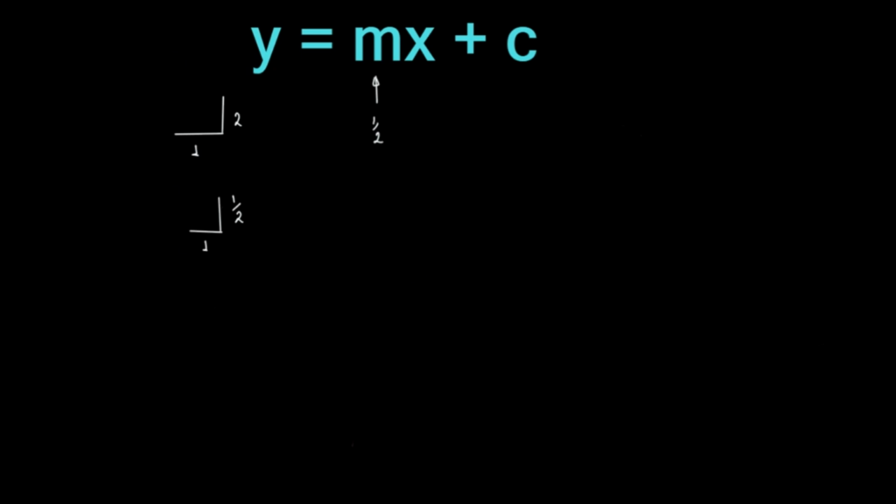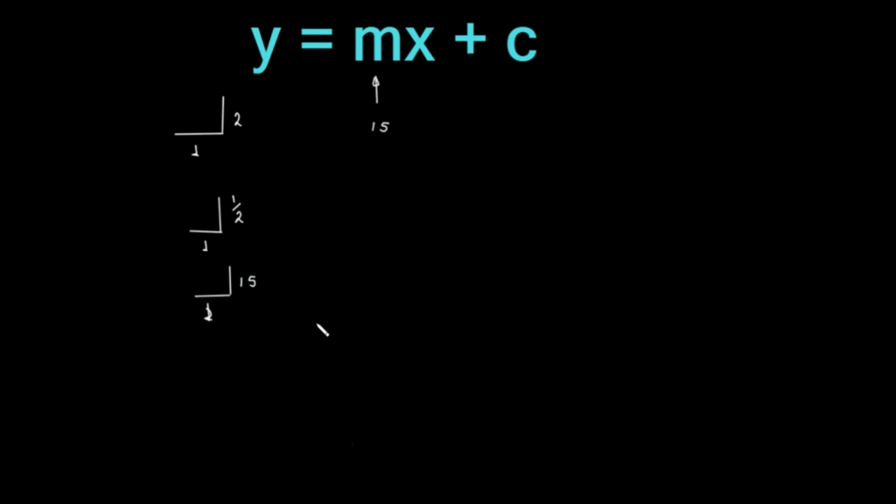If x is 1, the along is 1, and the up is 15, not to scale, then m is 15. It is the change in the y-axis for one along on the x-axis.